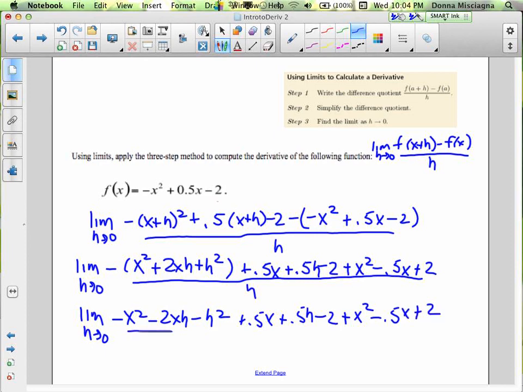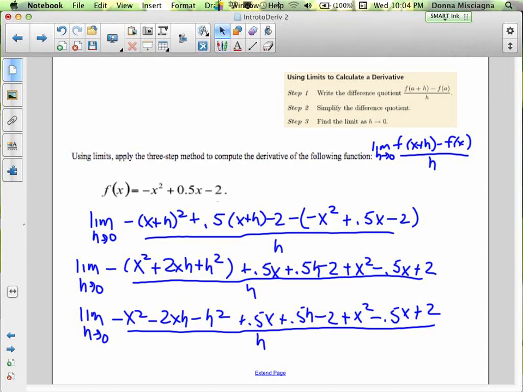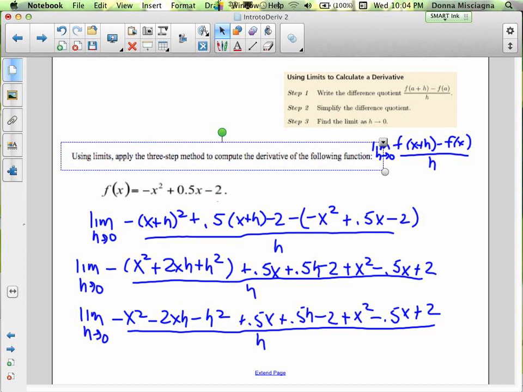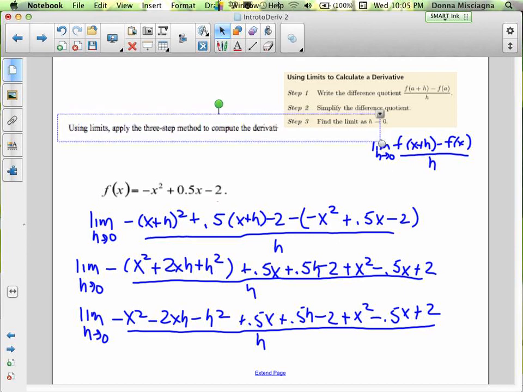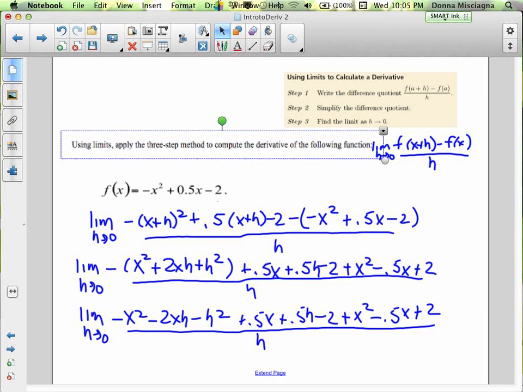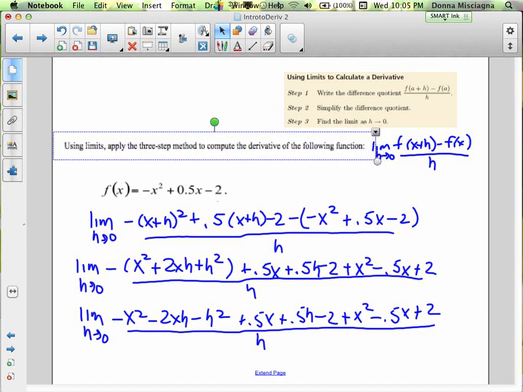Look at all those terms. I really should have written a little smaller, huh? Or just move the problem up a bit. I think that's all connected. I don't think I can move that up at all. All right, so actually I can. So I'm going to take advantage of that and move this up. There we go, before I run out of space.